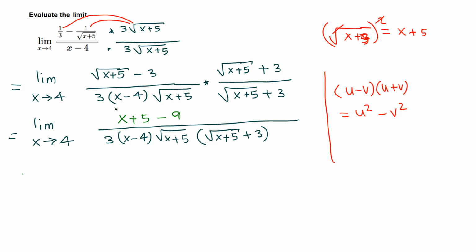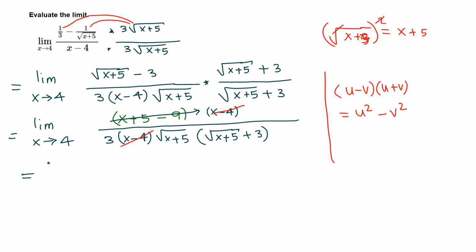Let me simplify so that we don't have to write another step. This is the same as x minus 4. So we have only x minus 4 left on the top, which is a factor. Now we can cancel this x minus 4 with that x minus 4. That was the zero-making factor from the beginning, and now we got rid of it.